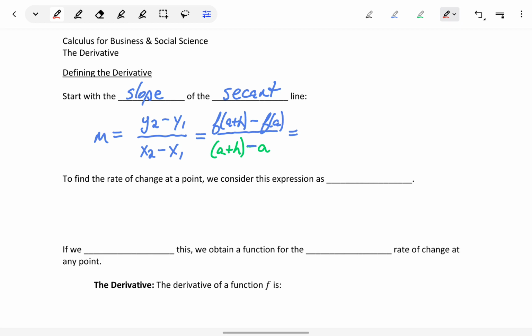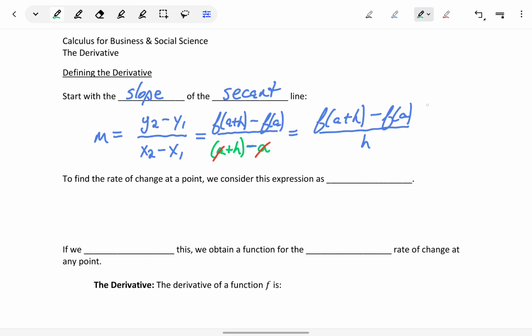Now that we've written everything in this alternate form, we can see in the denominator that our a values cancel out, leaving us with f of a plus h minus f of a all over h, where again h represents that difference between our two x coordinates.